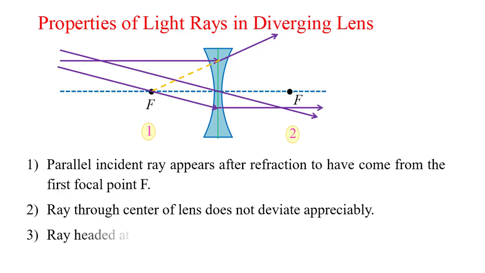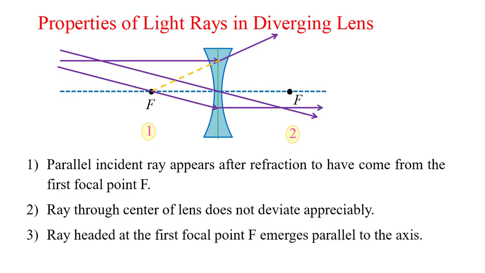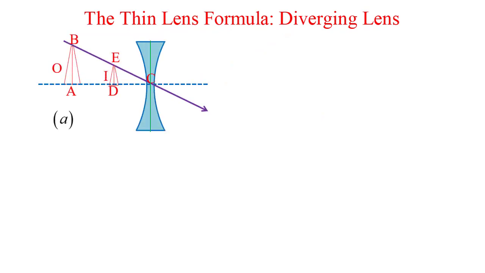And this ray headed at the first focal point F emerges parallel to the principal axis. Let us see the thin lens formula for a diverging lens. This is a diverging lens, and our objective here is to derive the lens equation for such diverging lenses.